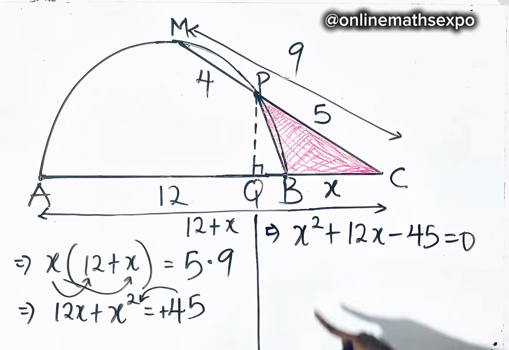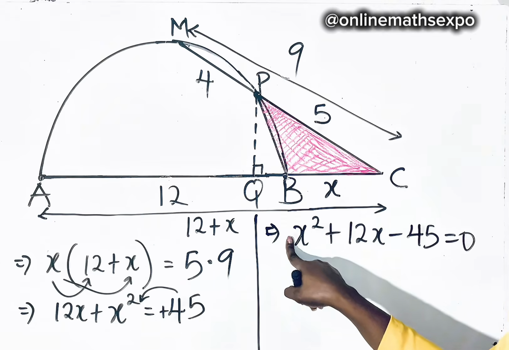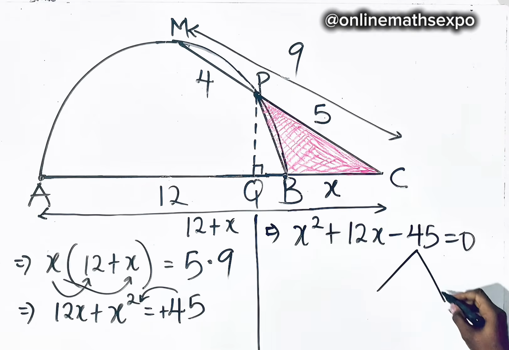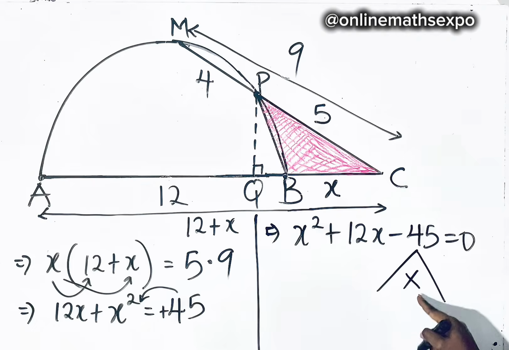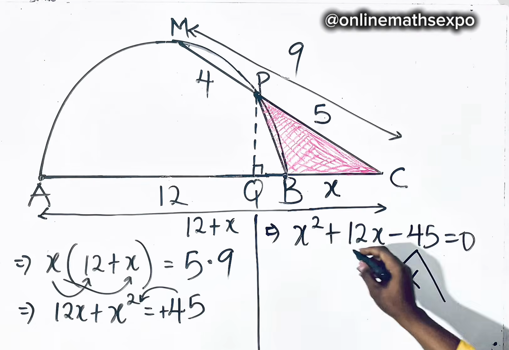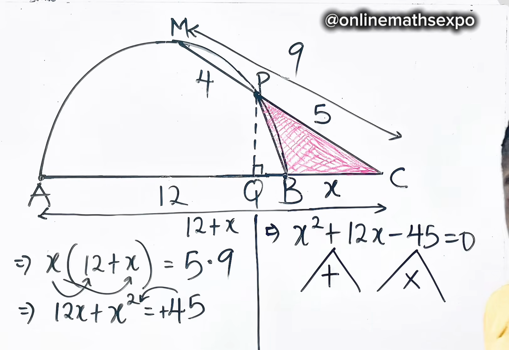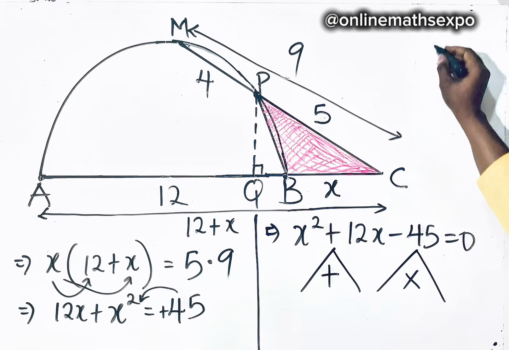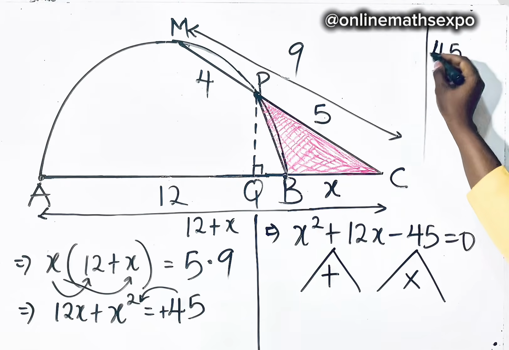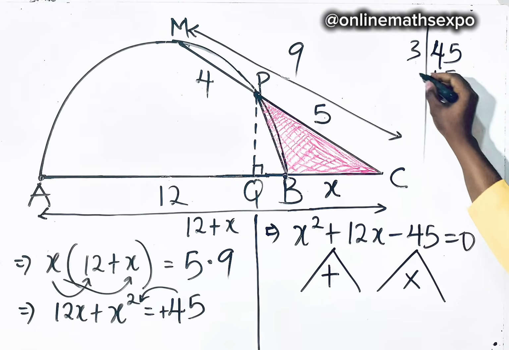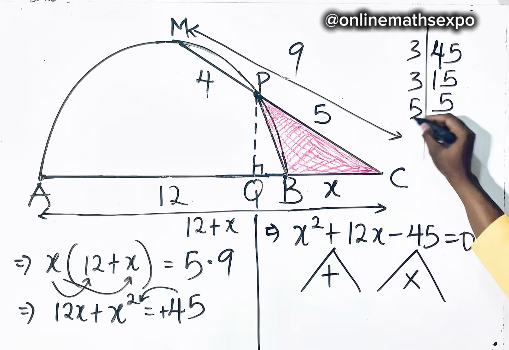Now, what should we do? The coefficient of x squared is 1. What we do next is find two numbers that when you multiply, give you negative 45, and when you add the two numbers, give you 12. You get them from the numbers that can divide 45. We can have 45, 3 can divide this, we have 15. 3 here gives us 5, 5 here is 1.